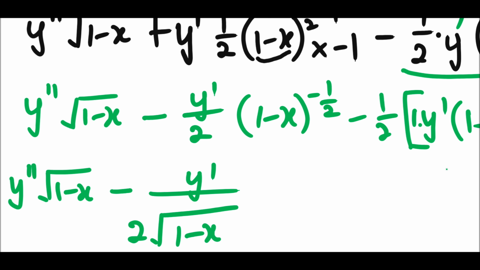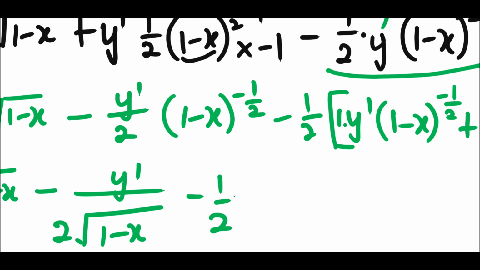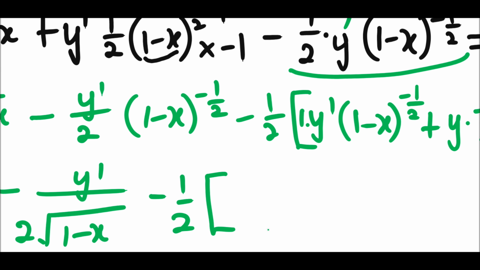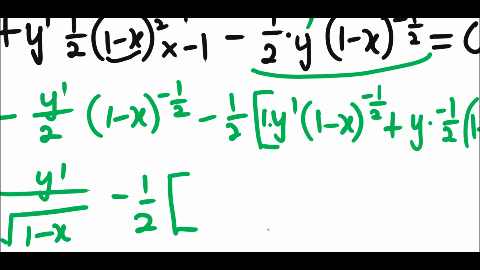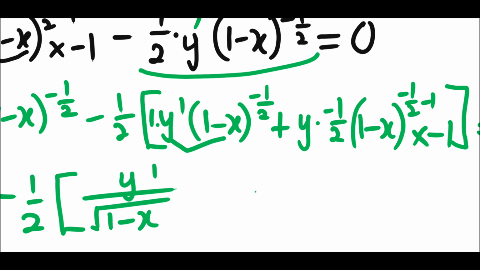When we continue to the next side, we have negative half here. You open your bracket nicely. So here too, we are going to get our y prime, and this time this will give us y prime over the square root of 1 minus x. Now, here we have negative half times negative 1, which will give us positive half times y, which gives us y over 2.